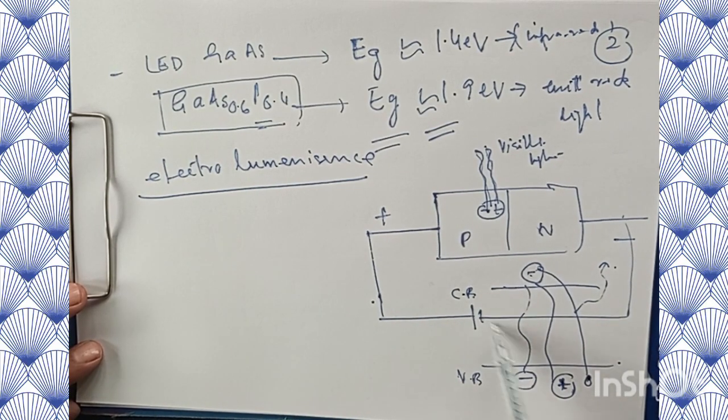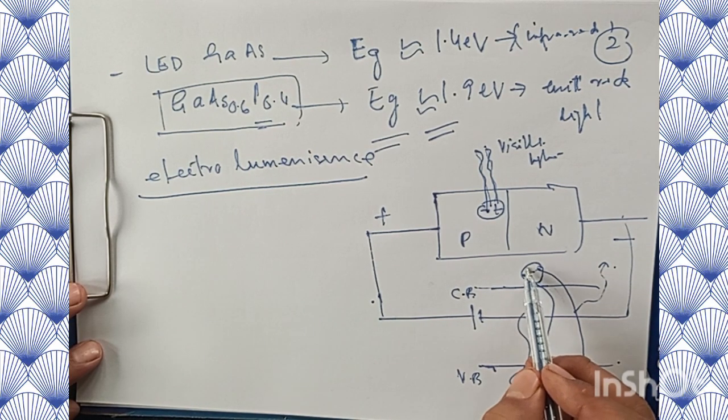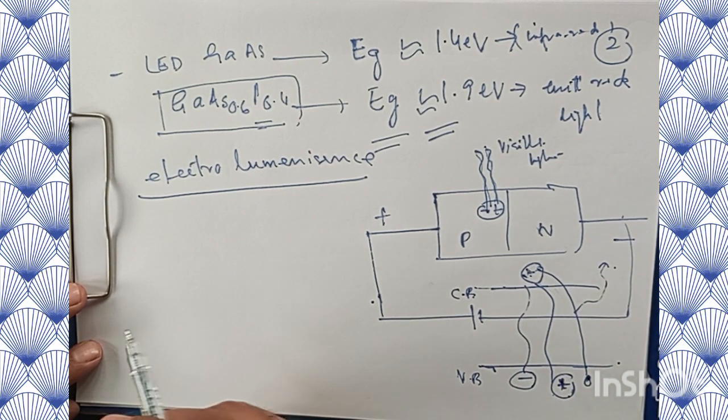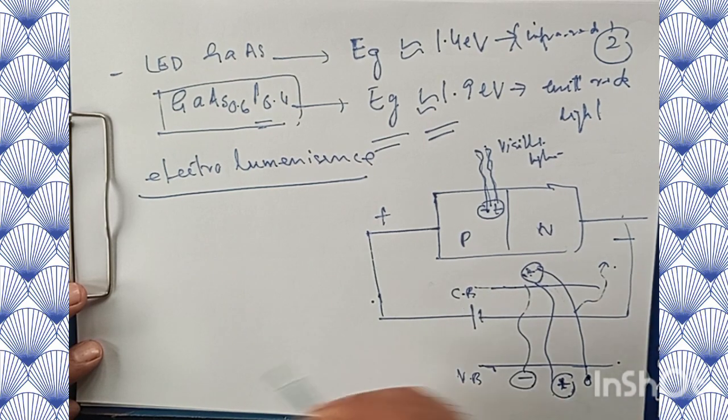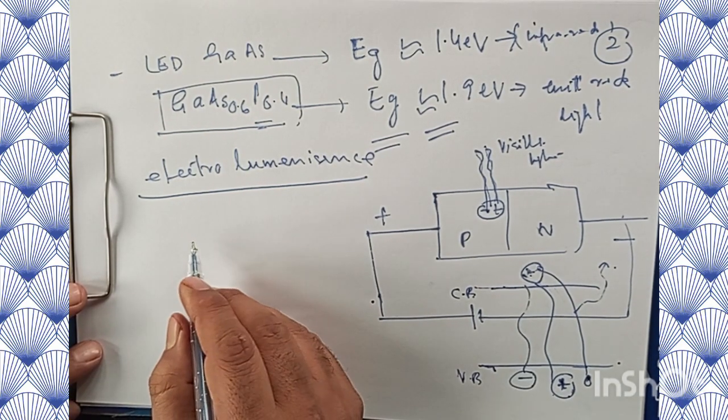So an electron getting excited from the valence band to the conduction band, then recombining spontaneously with its valence band hole, constitutes the emission of energy, and this phenomenon is known as electroluminescence.